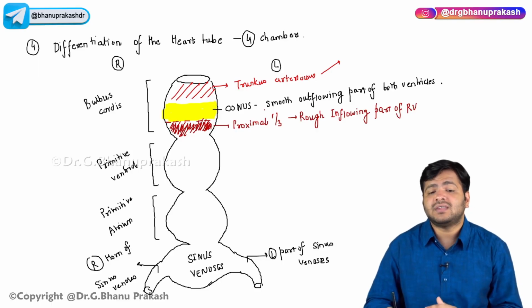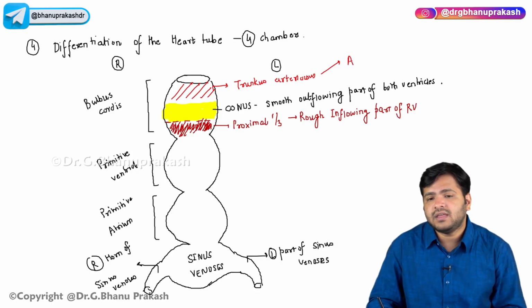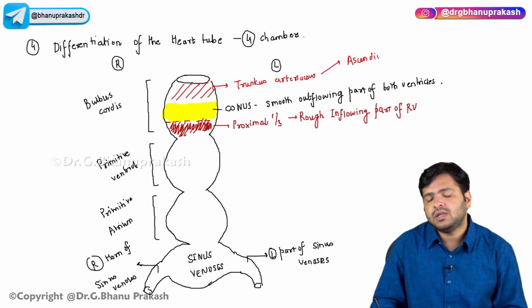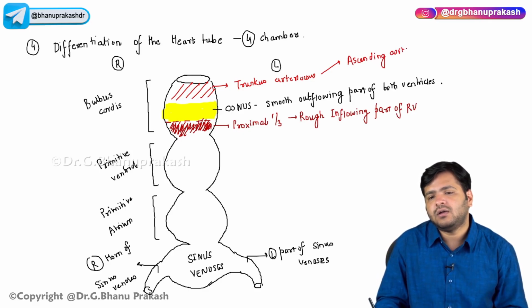As the name suggests, it will give rise to the ascending aorta along with the pulmonary trunk.